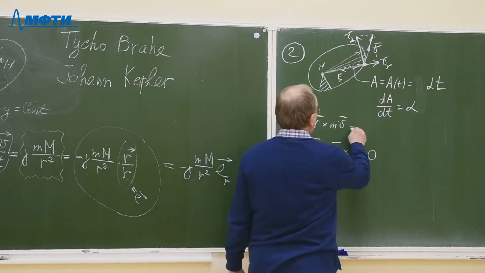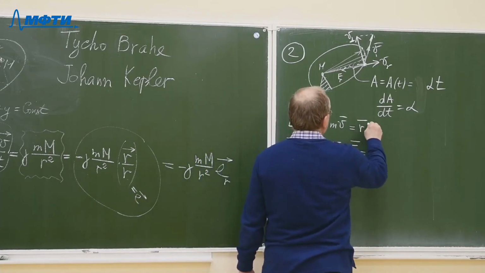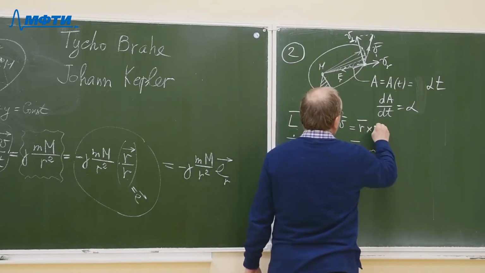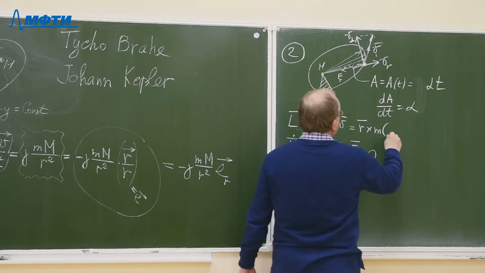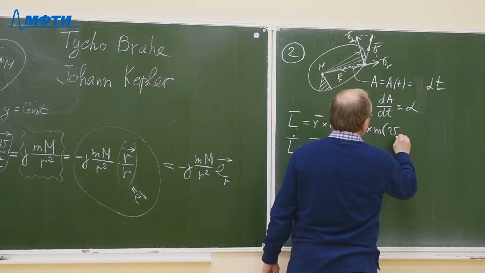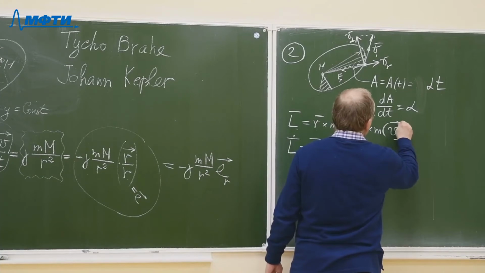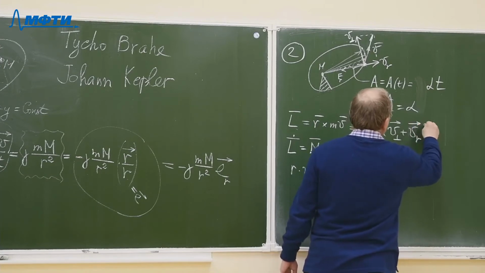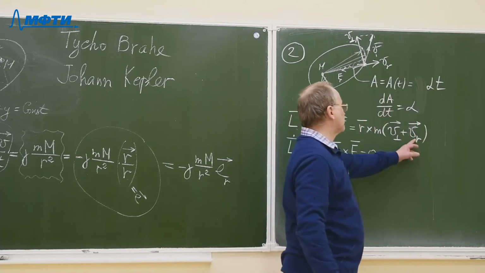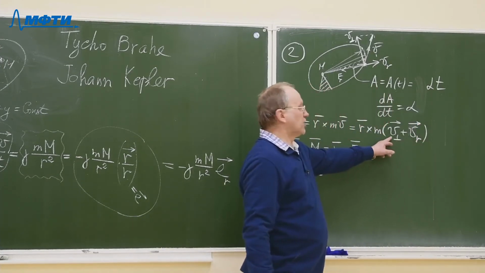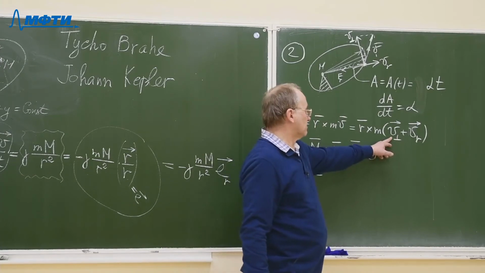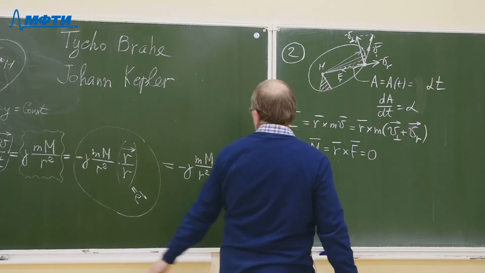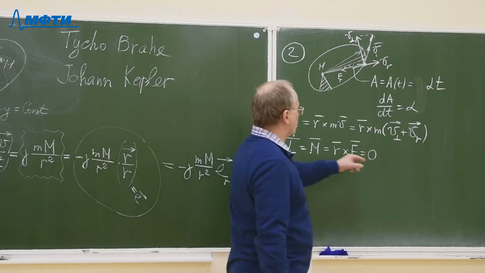So here we can put it like this: radius vector product by m, and the velocity is the sum of two vectors, the perpendicular vector and the vector of velocity v parallel to the radius. A radial component of velocity and a tangential component of velocity.